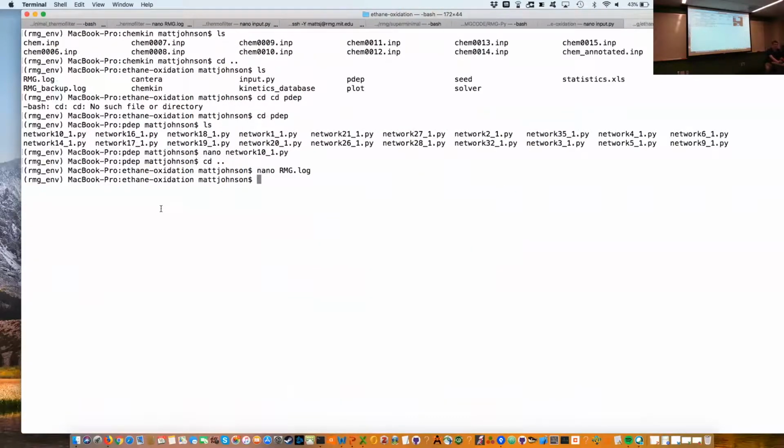Is there anything else you want to look at? I wonder if it's easy to show how different the PDep result is from the result you got before. I mean, we could run this one. You just rerun it with PDep off. Again, you can see the results here. Well, what kind of results did you want to see? Like a plot of one species going away or something.